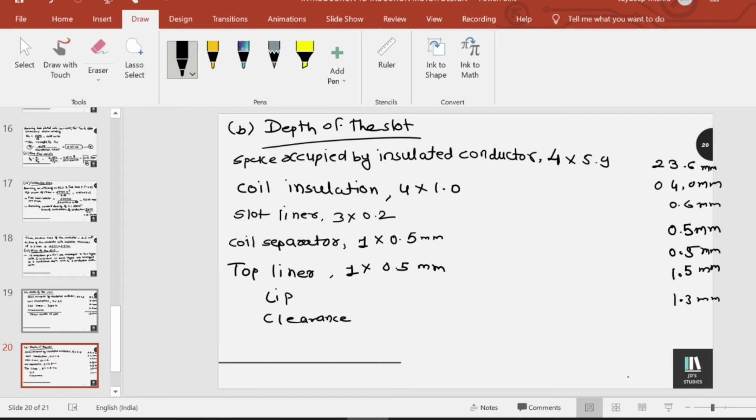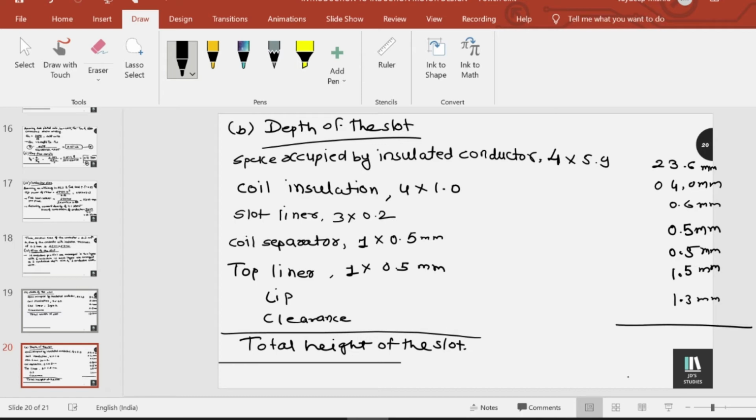Okay, so the total height of this slot is, we have to add all these values, so we will get 35 mm.